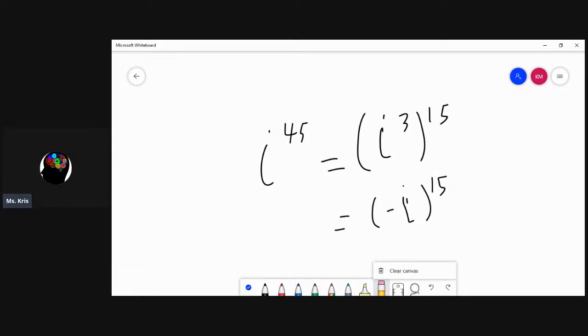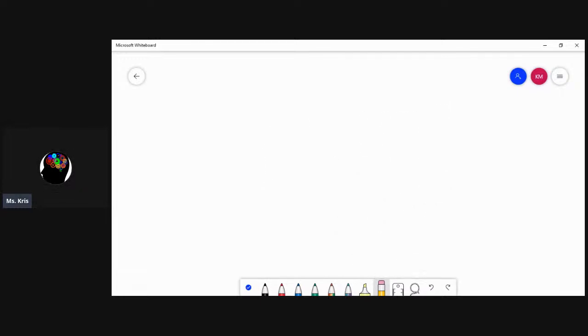Yeah, still going to be the same answer, because once I raise that to the 15th power, that still gives me i, which is what I found in the first place. So, any questions before I move on to the next problem?